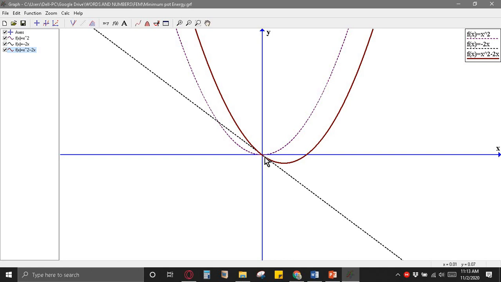So as long as there is chance of getting to lower potential energy, our system cannot be at rest or in equilibrium, right? Our system is going to get displaced into a new configuration. That is, the node is displaced to this particular x where the total potential energy is minimum, right? So at this x, our system is in stable equilibrium state.